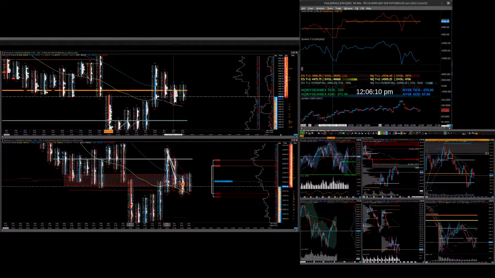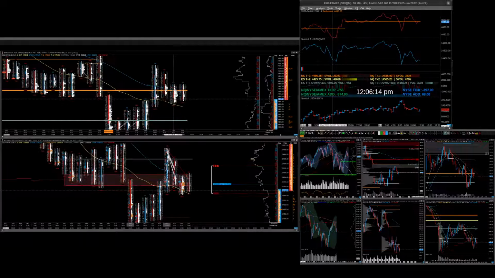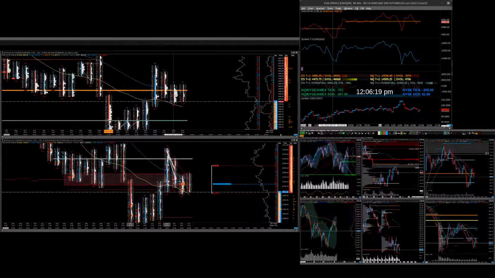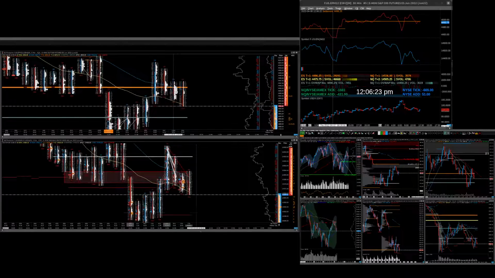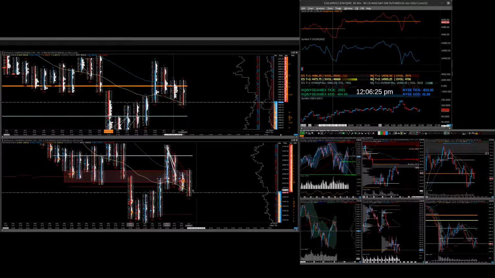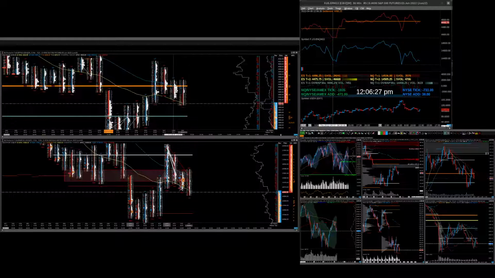Let's see. Yeah, we're going to cut it. There's one. And there's two. Boom. All right, we cut it. Would have gotten them anyway. You can see that, boom, that quick rejection like that. So little trap. Got the longs going. So see, 50-50. I'm wrong. Whatever. This is a crappy time to trade.